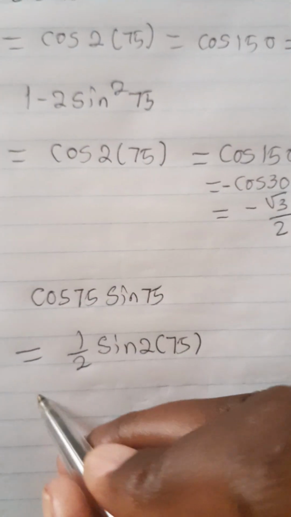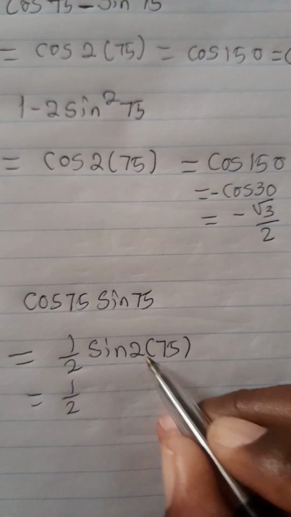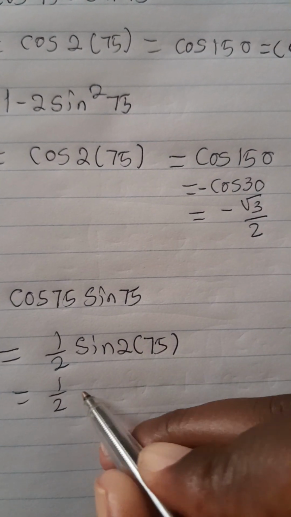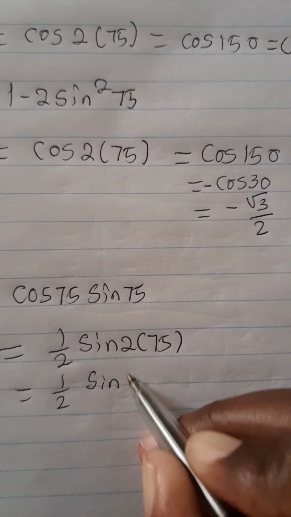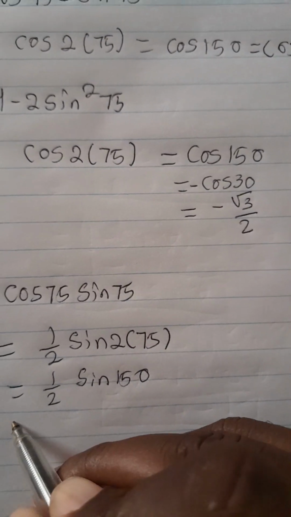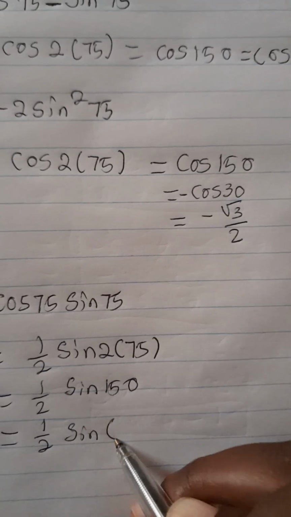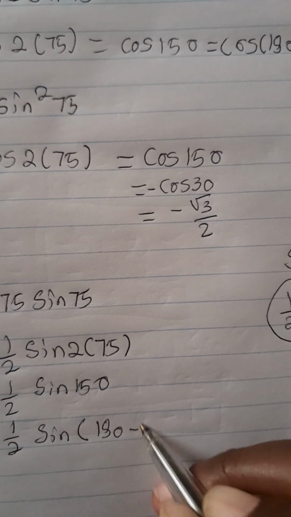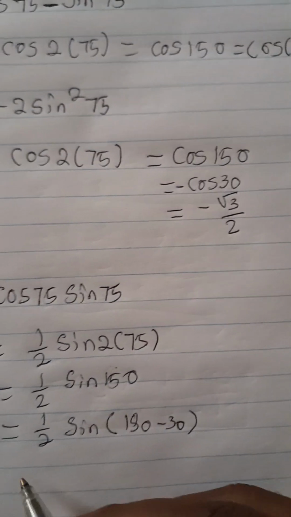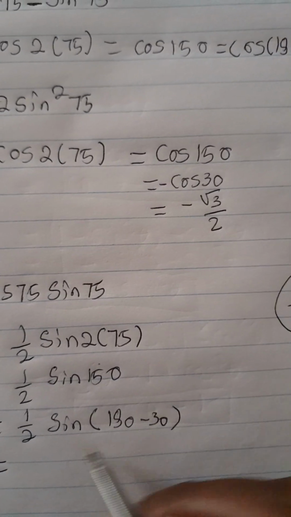So we know that 2 times 75 will give us sine 150. So we have to reduce this, guys. We're going to have sine of 180 minus 30, which gives us 150. Which quadrant? It's the home for sine, so it will be positive.